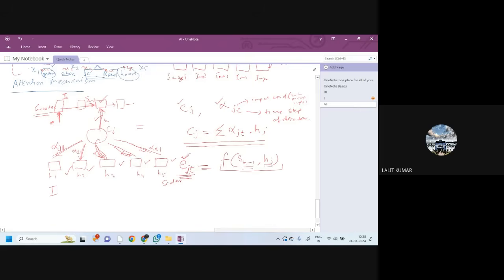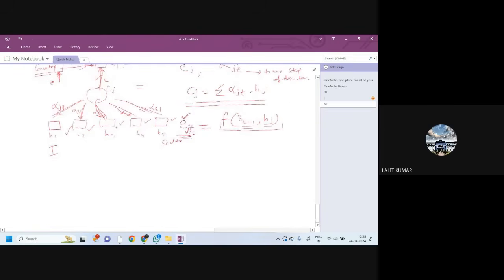Is this correct, that it can be a function of st minus 1 and hj? Yes. Okay. So as a concept, we say that this EJT is nothing but a score. I will cover the score later on. It is a function of st minus 1 and hj.